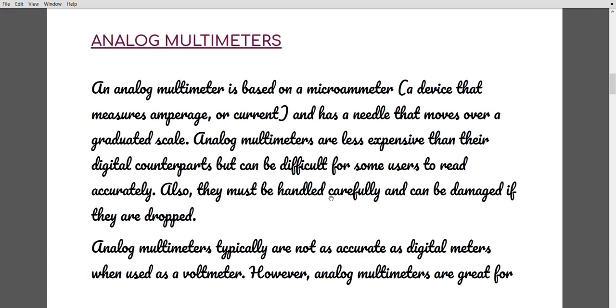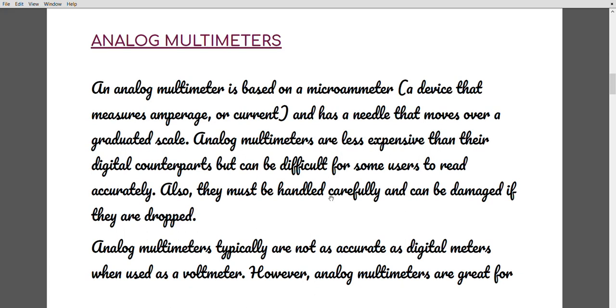Analog multimeters are less expensive than their digital counterparts, but can be difficult for some users to read accurately. Also, they must be handled carefully and can be damaged if they are dropped. If we slightly drop it from a table, it will get damaged. So we have to handle it carefully.